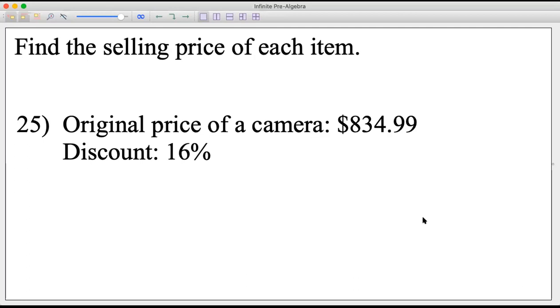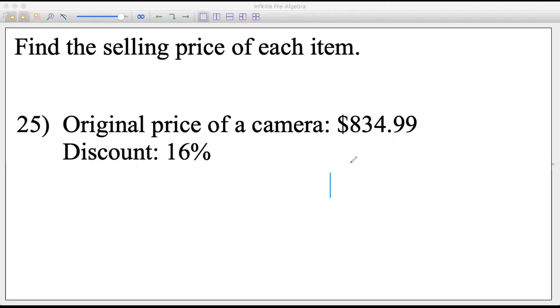All right, back to where we were at. Is this a discount or a markup? So, the selling price, that would be your final price, right? It would be equal to, what's the original price here? Times, open parentheses, 1 plus or minus 0.16.